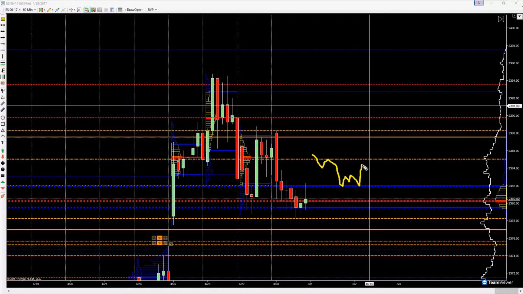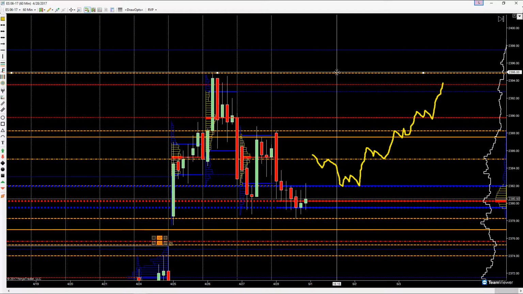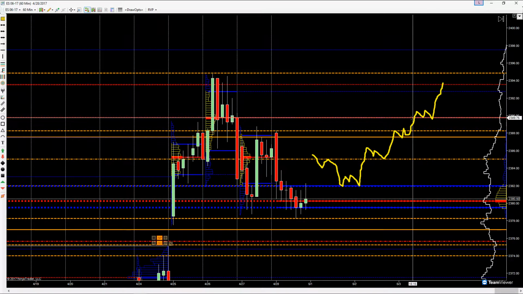But the idea would be to find support on a pullback, then get up towards overnight high, Friday's high, break it, and start heading up towards this naked VPOC, and ultimately further up to this VPOC, which although was previously tested, we didn't really stay around it for long. We pushed away from it pretty good. So I'll leave that on the chart. Actually, while I'm up here, I should also be plotting this high on the chart. Okay, so that's going to be hypo 2.